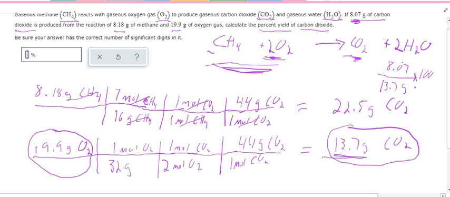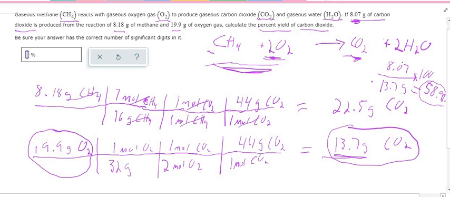And when I do that math, I'm going to put my equal sign right here. I get out of this 58.9% yield. This is the right answer.